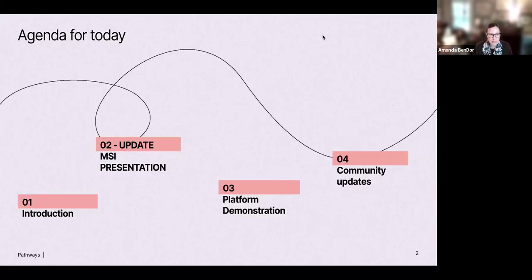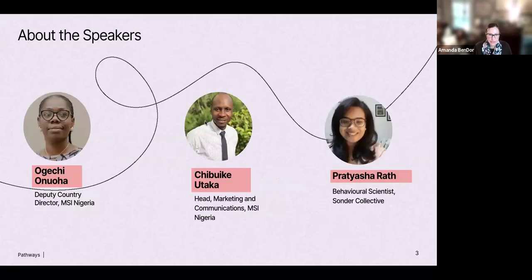Pratasha, maybe we can go to the next slide so I can introduce our speakers. So we're pleased to welcome Ogechi Anahua, who's the Deputy Director from MSI Nigeria. She's a health and development professional with extensive experience leveraging evidence and learning to enhance client-centered demand generation and provider support across large-scale sexual and reproductive health programs.